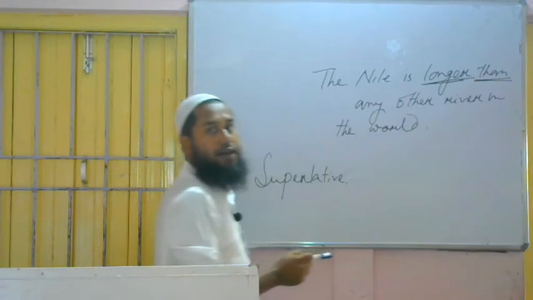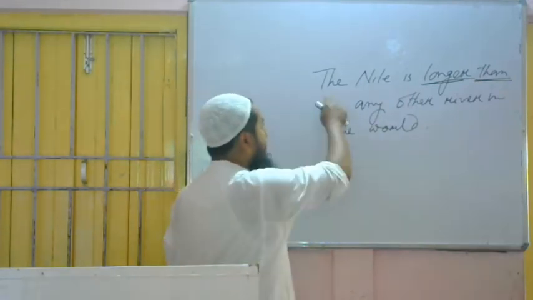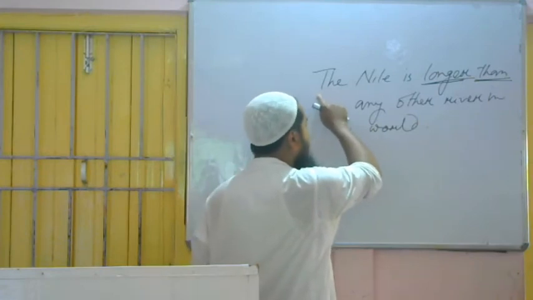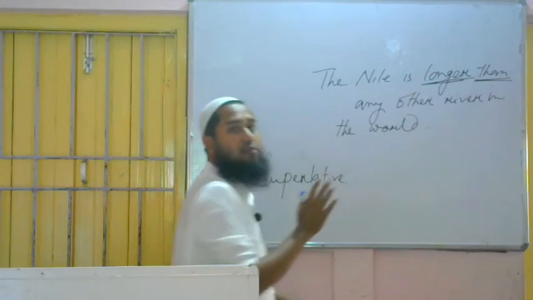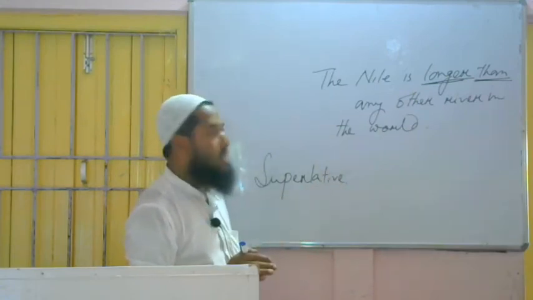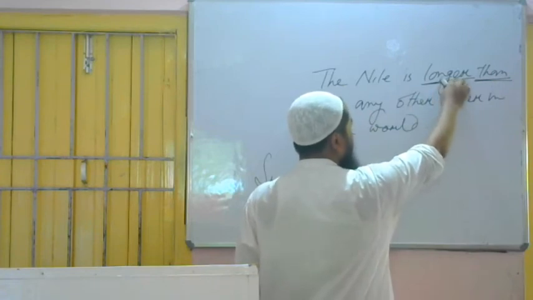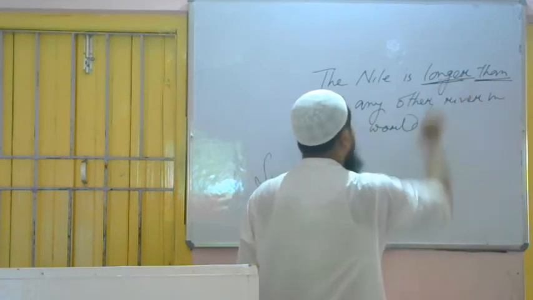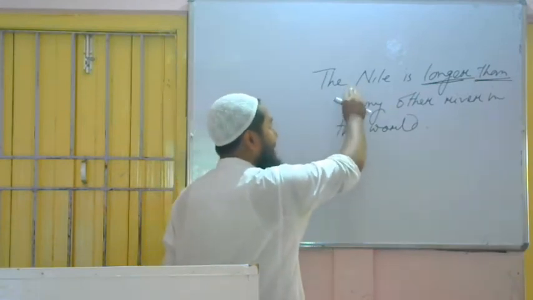Now we are to compare it among all. We have to say that the Nile is longest. In superlative we have to use the superlative form of the adjective. Positive form is long, comparative is longer, and superlative is longest.